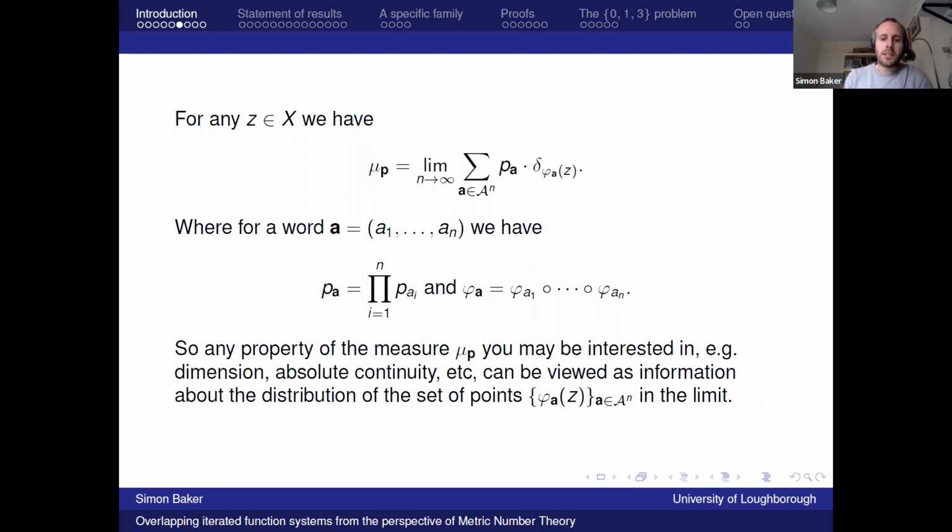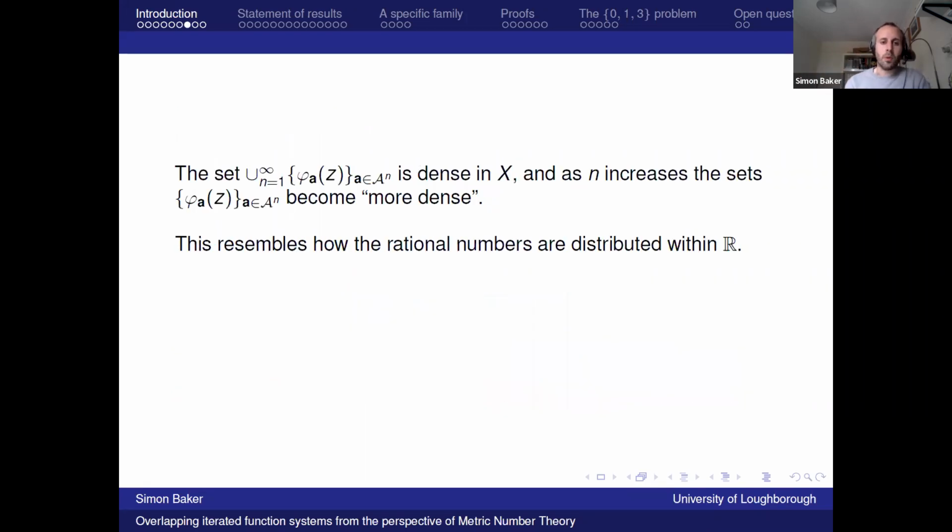Now we start to see why maybe we could think about this in terms of Diophantine approximation. Somehow we're looking at the distribution of a collection of numbers lying in Euclidean space. To make this a bit more formal, we can draw an analogy between these images of our point Z and the rational numbers or rational vectors lying in higher dimensional Euclidean space.